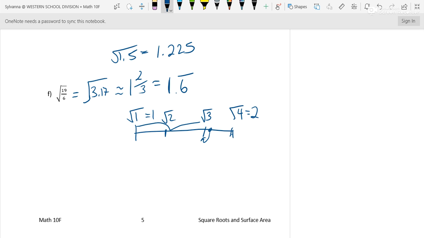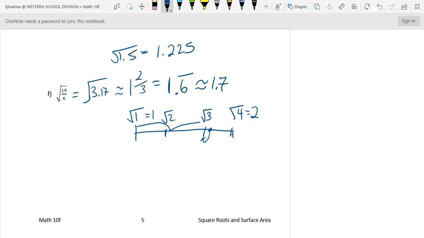And I know that the root of 3.17 should be larger than root 3. And because I know that and I calculated root 3, why don't I just round up then? So we can say this is actually approximately 1.7 instead.